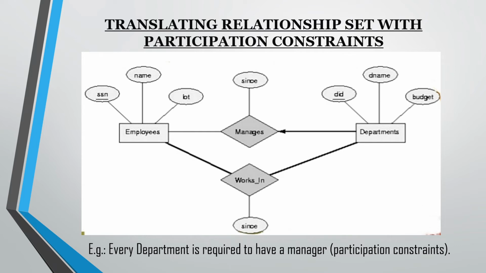Department is connected to employee through manages, and this borderline suggests that every department should have at least one manager, and this is total participation. The employee and department are connected to each other with works in, which is partial participation. Here partial participation means that an employee working in the department need not be the manager.